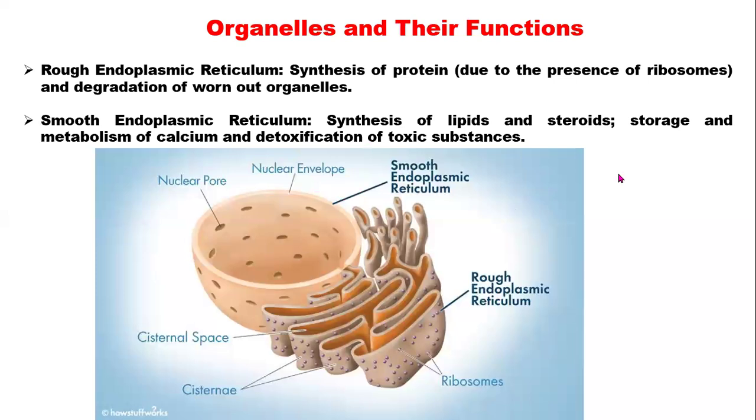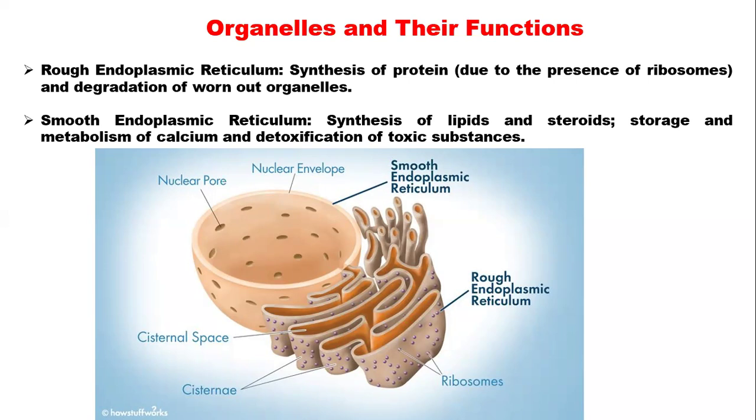Okay, now let's look at organelles and their functions. Number 1, we have the rough endoplasmic reticulum, which functions in the synthesis of protein due to the presence of ribosomes, and it also has another function of degradation of worn out organelles.